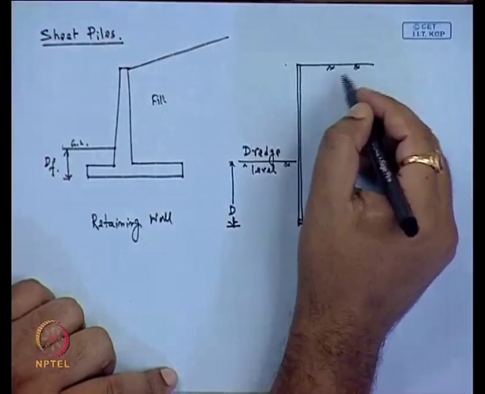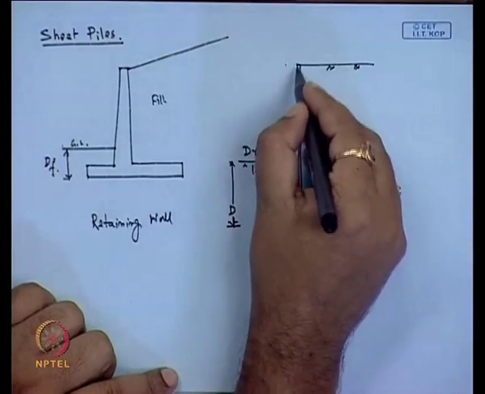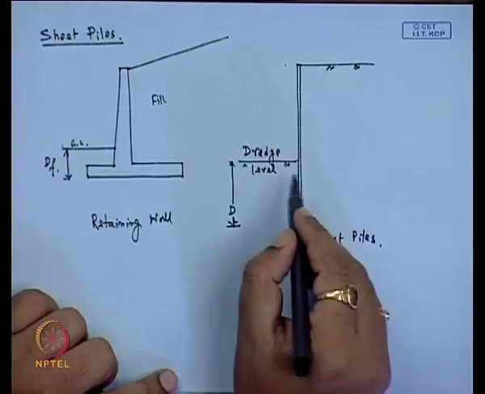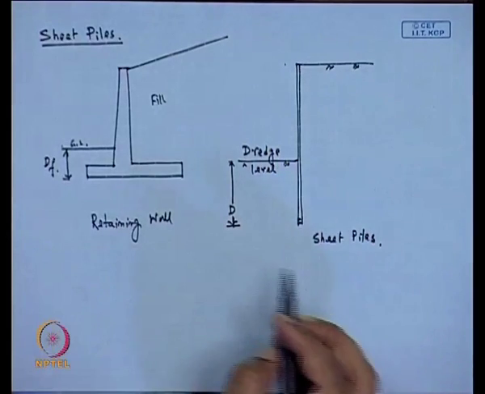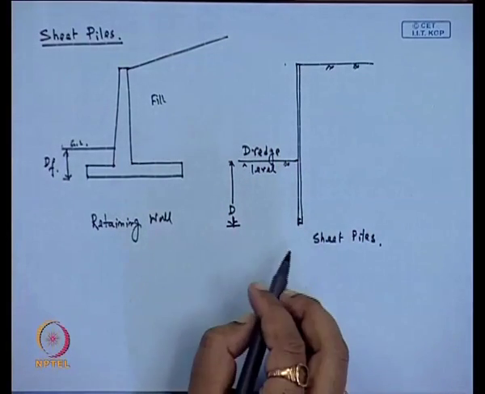Now, here we can see that this type of structure is very flexible. That is why it is used for excavation purposes. This type of sheet pile can be used in excavation, and after the excavation at one place is over, it can be taken out from the soil and used at any other location for excavation purposes, even for water in offshore structures, or for retaining soil near the sea coast.